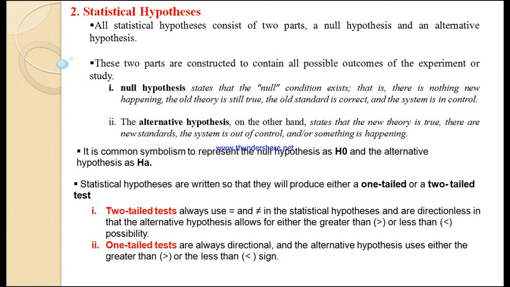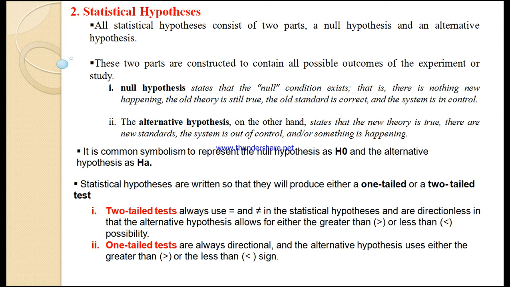Statistical hypotheses are written so that they will produce either a one-tailed or two-tailed test. Let us deal with these two types of tests. In two-tailed tests, we always use equal and not equal sign in the statistical hypothesis, and the two-tailed tests are directionless, that is, the alternative hypothesis allows for either the greater than or less than possibility.